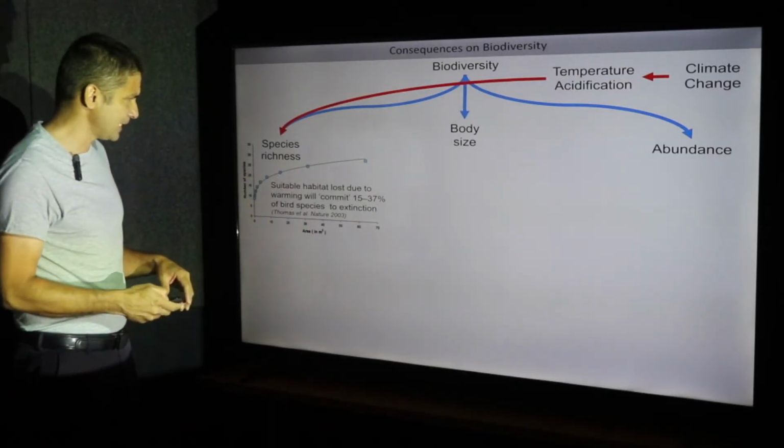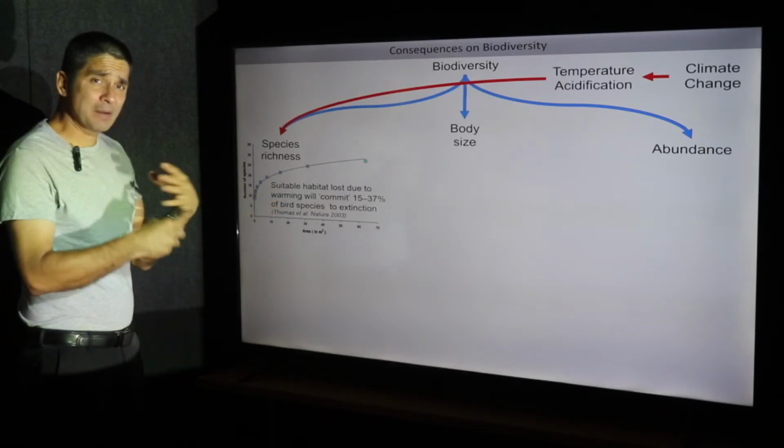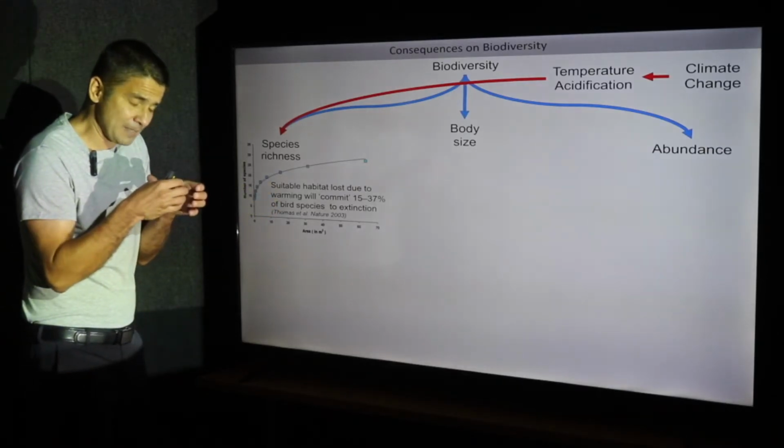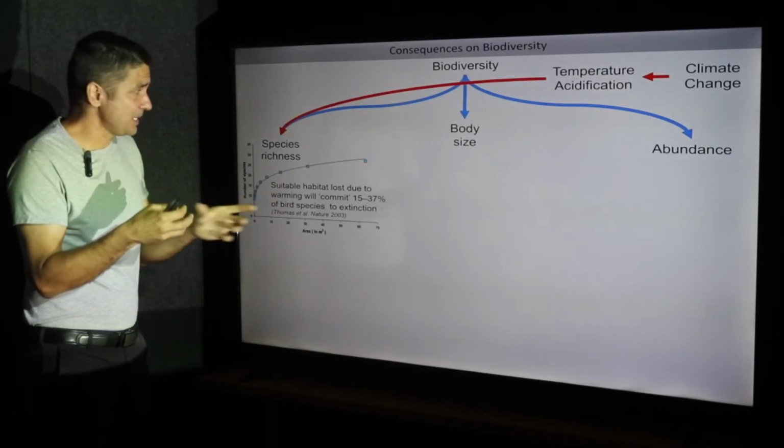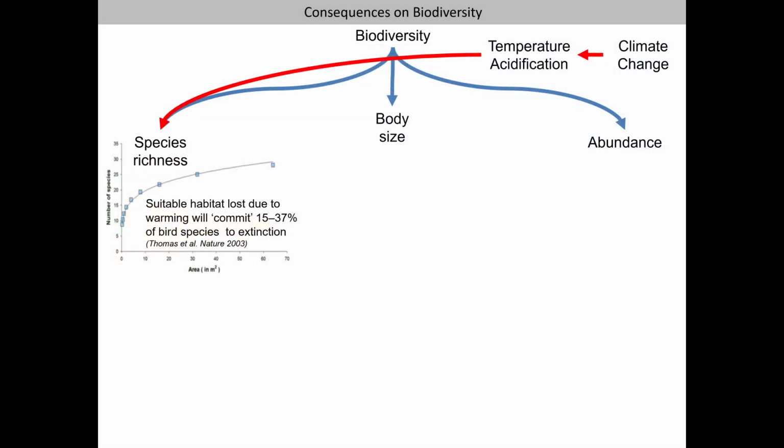And it has been found that the warming that we are seeing is shrinking the habitats of a species to the point that easily between 15 to 37% of the species of birds alone could be at risk of extinction. This is a paper in Nature by Professor Thomas. Again, when you look at all of the species together, between 20 and 40% of them, and this is again just one variable, which is temperature, are at risk of extinction.